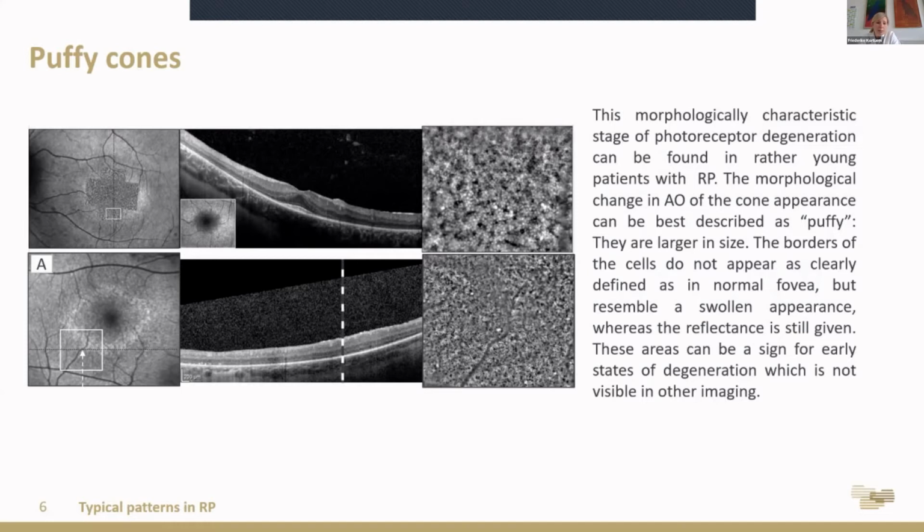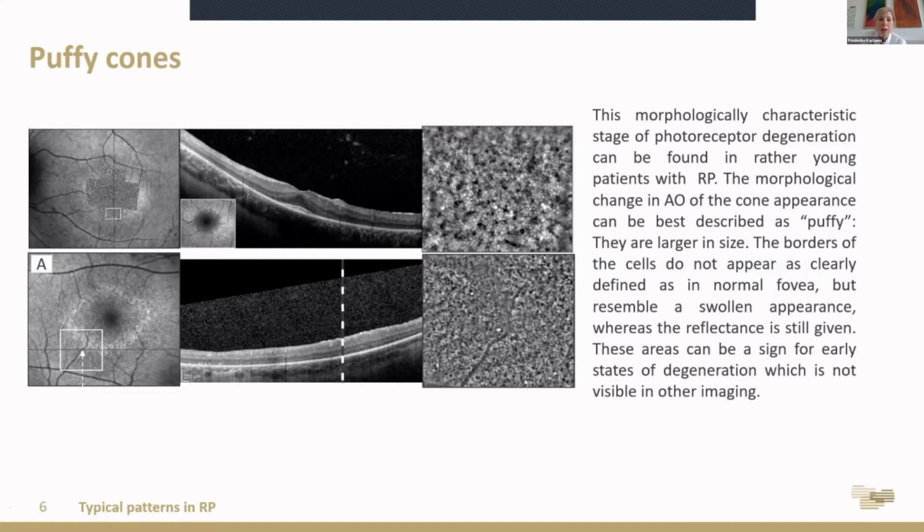As I said, it can be a sign of early degeneration, because, as you see in the autofluorescence imaging, we normally find them on the border of healthy and degenerated cells, photoreceptors, and retinal.